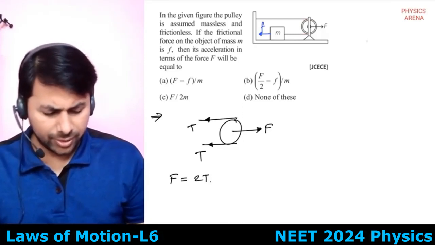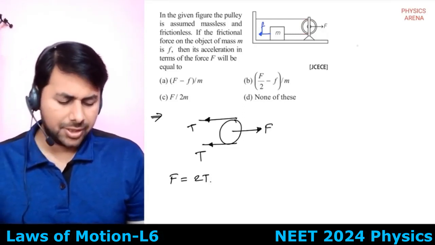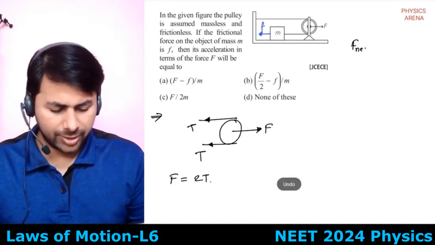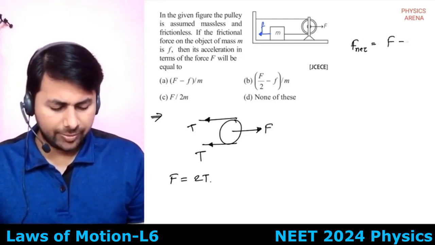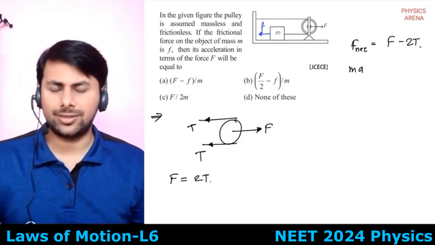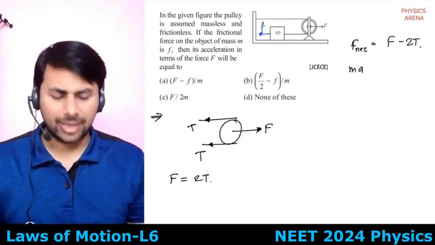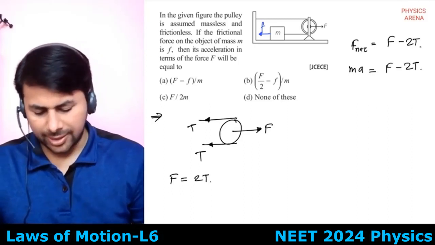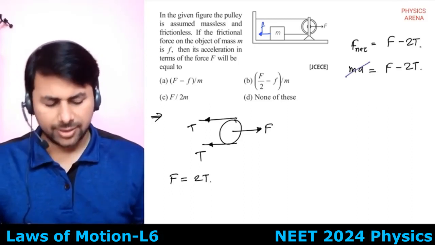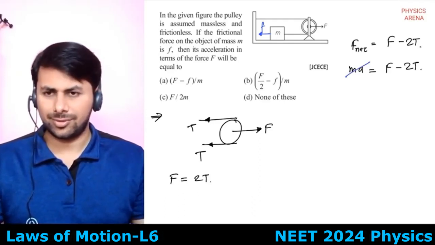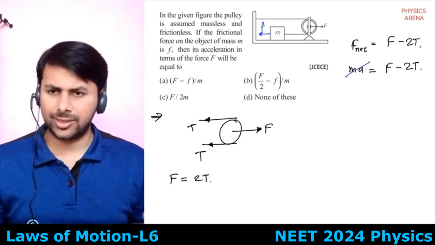Okay, so now you can write down, let's suppose, net force is equal to F minus 2T. But it is mass times acceleration, right? It is F minus 2T. How much is mass? Mass is 0. Mass of this pulley is 0.